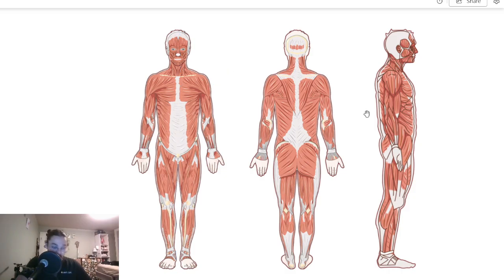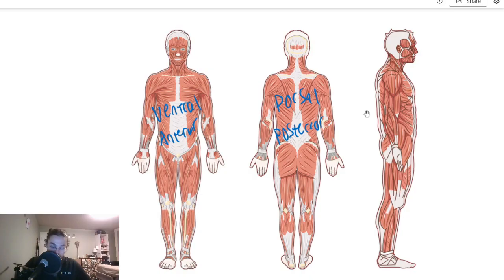All right, so this guy is pointing towards us. This is the ventral side of the body, or the anterior, right? Now, this guy that's facing away from us, he is oriented in such a way that he is showing his dorsal side of the body, or posterior. Okay?